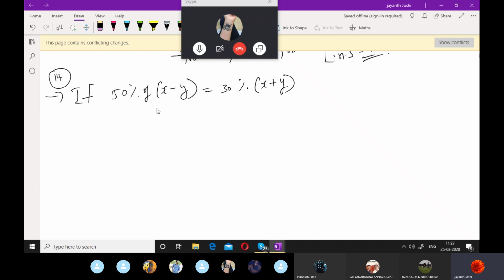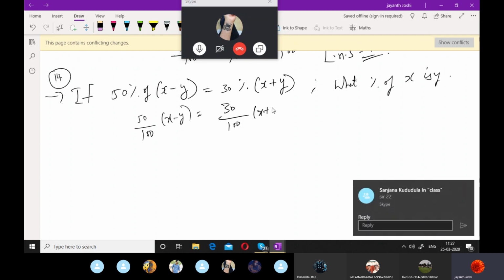So 50% of x minus y is equal to 30% of x plus y. Such a silly question. But they are asking what percent of x is y. So you need to find out x and y values. So 50% like 50 by 100 into x minus y is equal to 30 by 100 into x plus y.